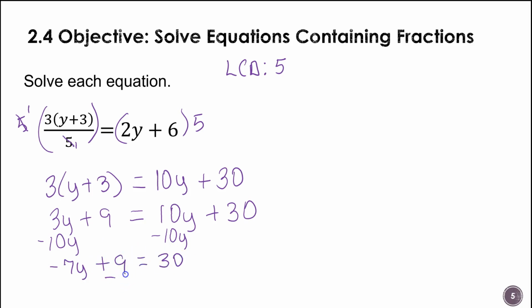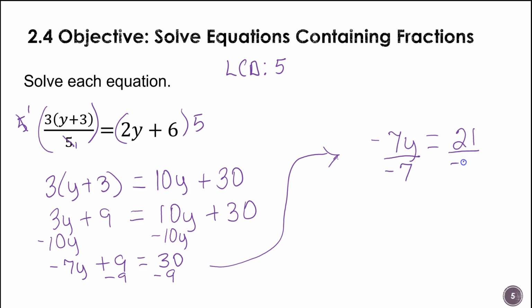I'm going to subtract 9 on both sides, and then I'm just going to go up here because I've kind of run out of space. And I have -7y equals a +21 because I take 30 minus 9. Then we're going to divide by -7 on both sides, and y equals -3.